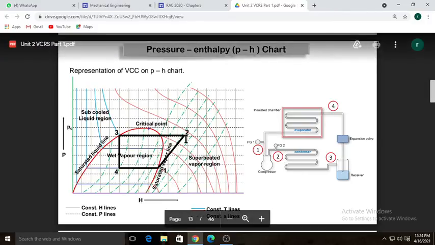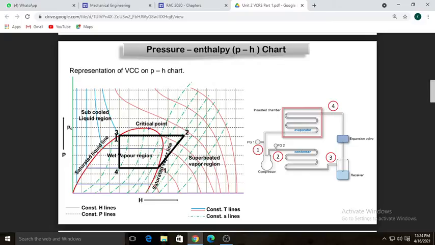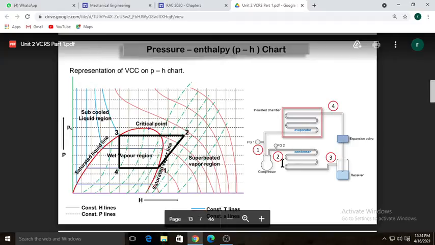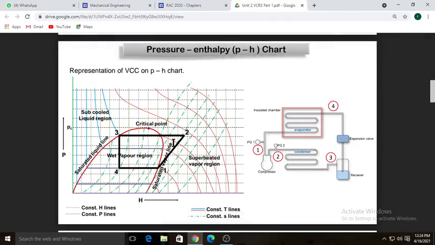At constant pressure heat is removed, and as heat is reduced, its enthalpy decreases. In process 2 to 3, the superheated vapor is first converted into saturated vapor, and then at point 3 it becomes saturated liquid.